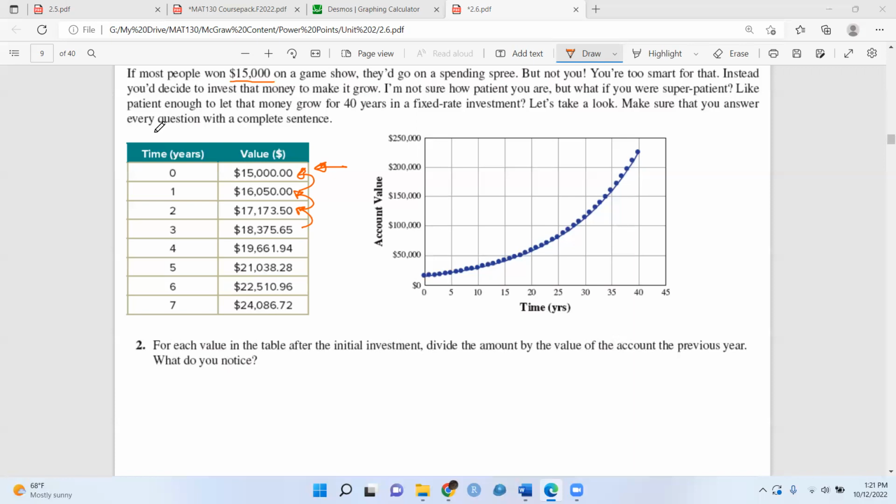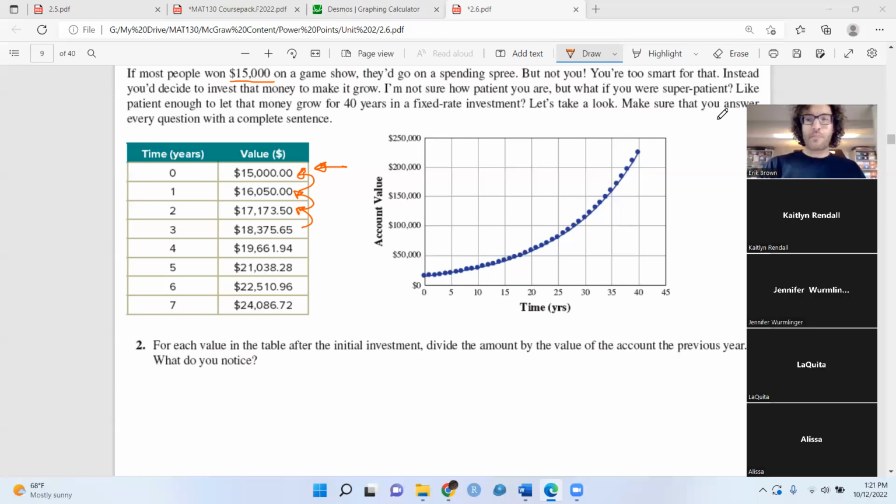Okay, y'all, what numbers did you get? Or were you like totally lost? Ooh, nice. Was that true for every single one of them?